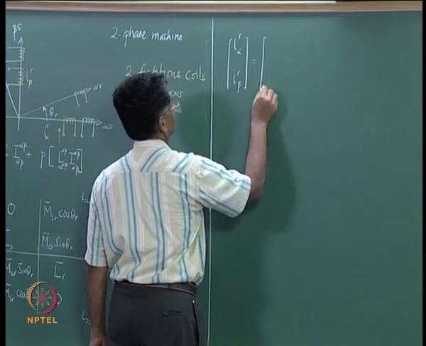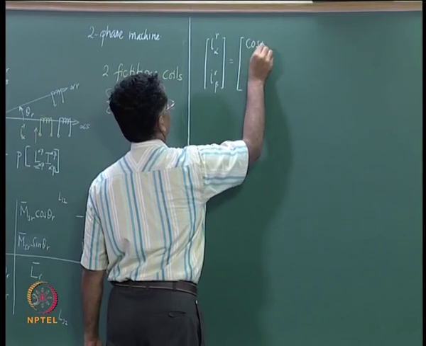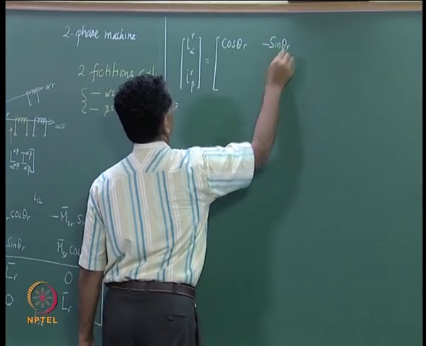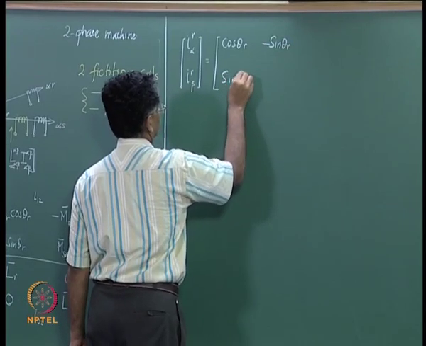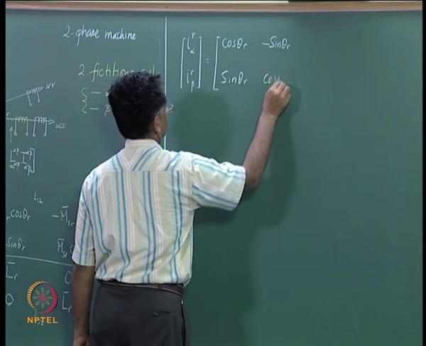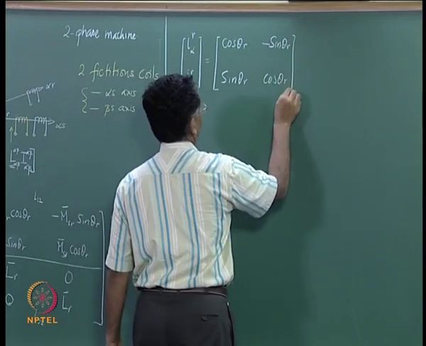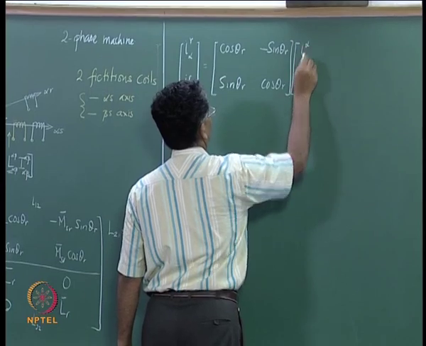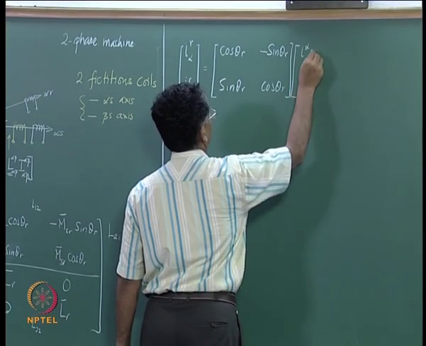This relationship we found was cos theta r, minus sin theta r, sin theta r and cos theta r, multiplying I alpha and I beta.